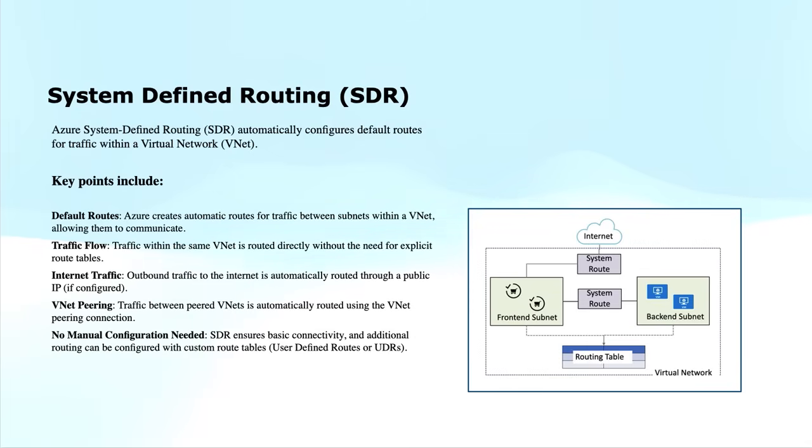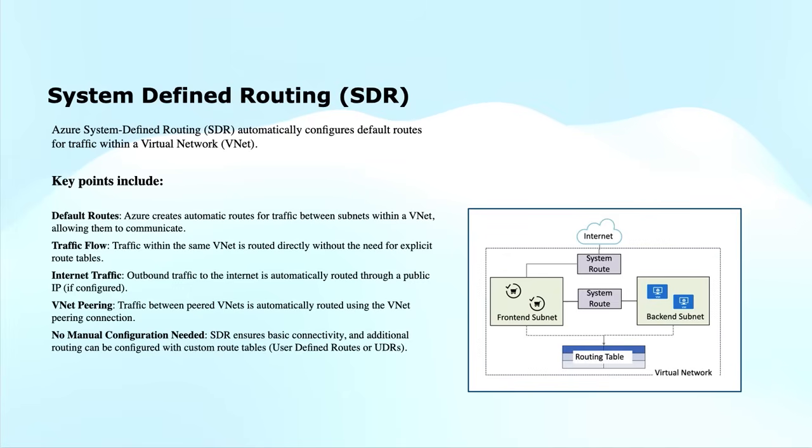When we talk about routing within the virtual network in Azure, this is slightly different from on-premises. In on-premises, if you bifurcate a network into multiple subnetworks, then you have to set up the routing to allow the services from two different subnets to talk to each other. But in cloud, this is not the case.